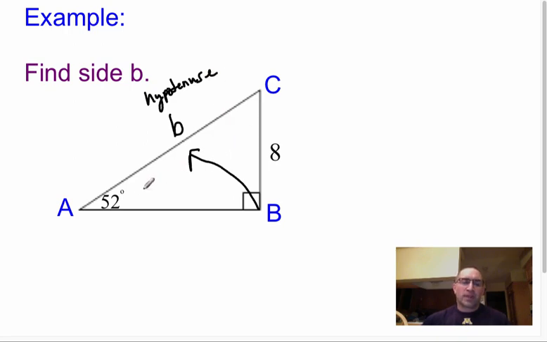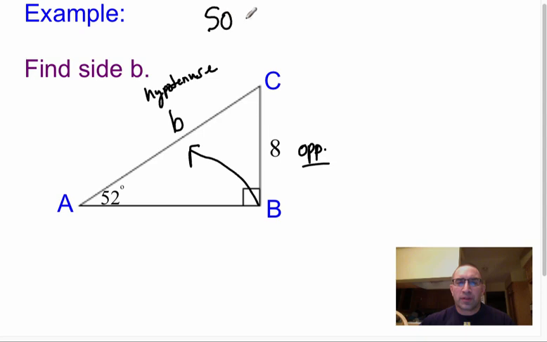If I look at angle 52 and look over, the 8 is the opposite side. So I'm going to set up an equation. I have opposite and hypotenuse, and if you think back, that's the SO in SOHCAHTOA.